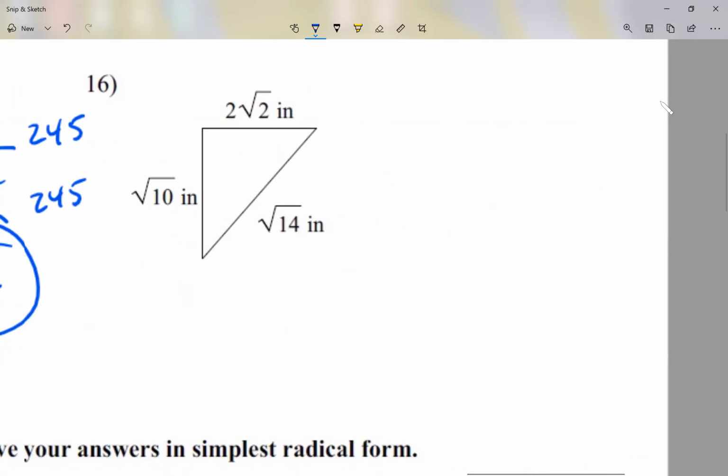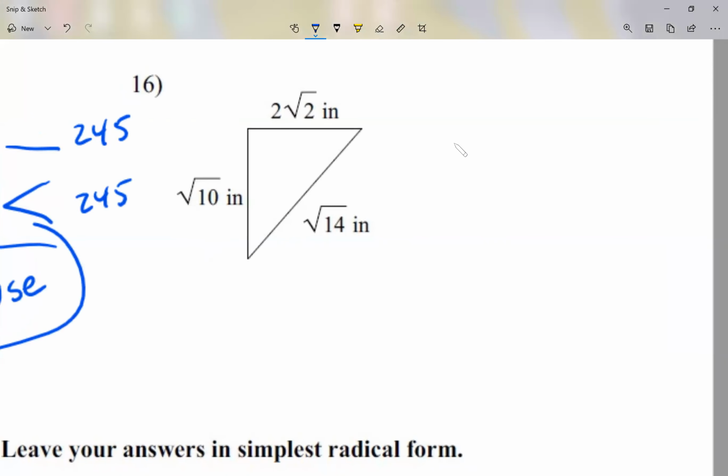Then looking at number 16, let me do the easy ones first. The square root of 10 all squared. Now, the question here is, how do you determine which number is C? The biggest one. The bigger one is C. So I'm going to square everything. The square root of 10 all squared is just 10. The square root of 14 all squared is just 14.